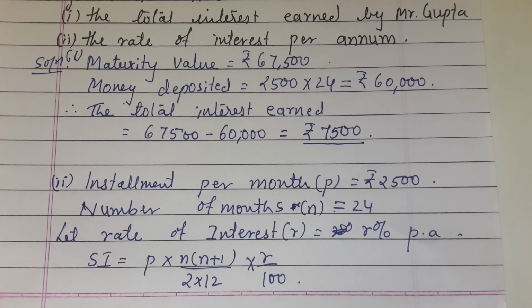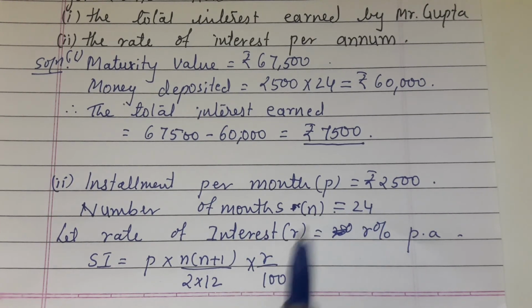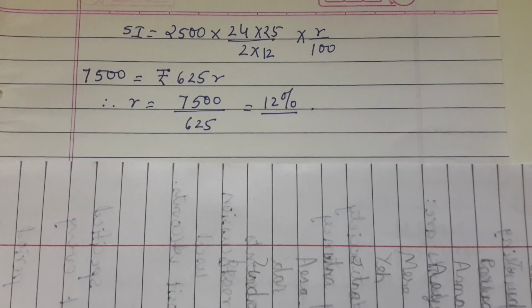Second part, we have to find the rate of interest per annum. Let the rate of interest be R% per annum. Installment paid per month is rupees 2,500. Number of months n is 24. Interest, write the formula and substitute.